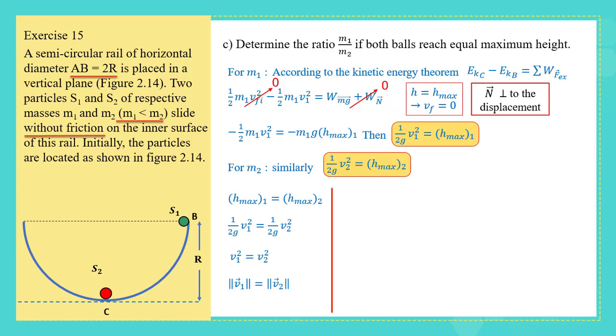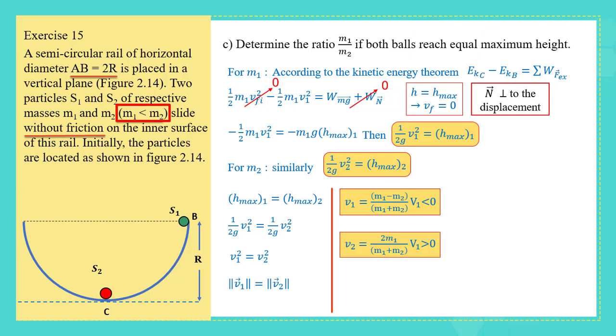But v1 equals m1 minus m2 over m1 plus m2 times v1 before collision. This one is negative. Why? Because they said m1 is less than m2, while v2 is positive since m1 is positive.